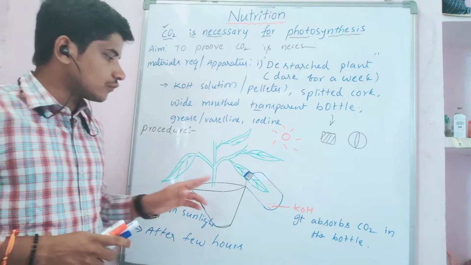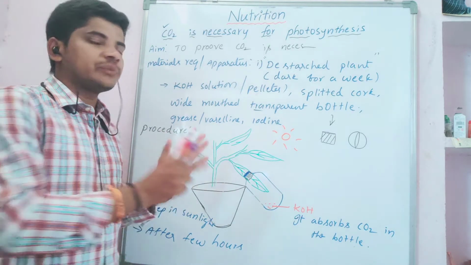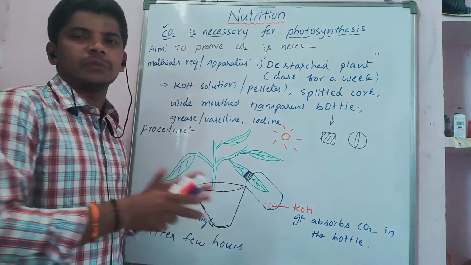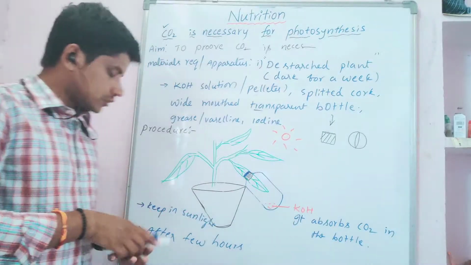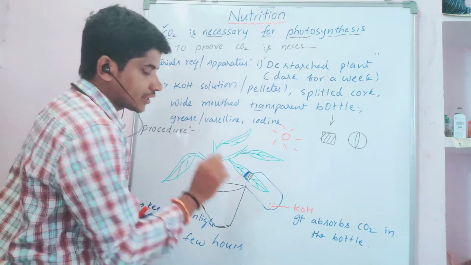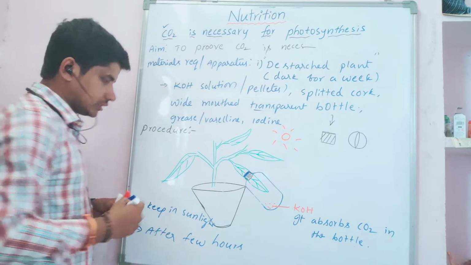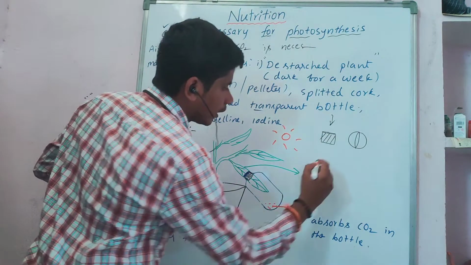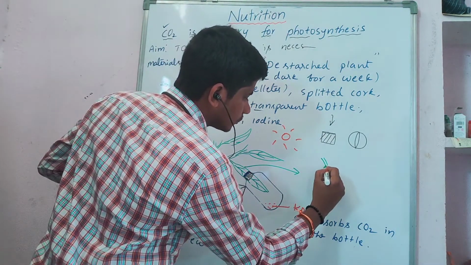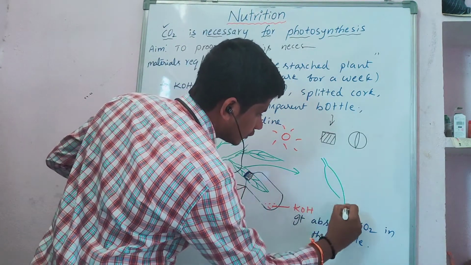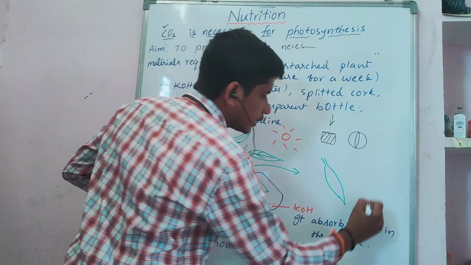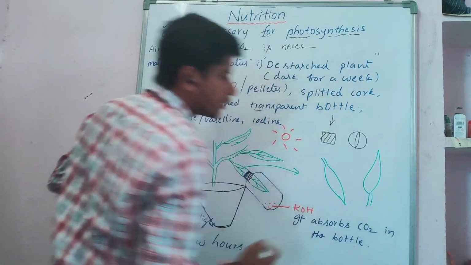In that observation, after keeping it in sunlight for a minimum of 4-5 hours, we take out the leaf which we inserted half into the bottle. So this leaf you have to take and draw like this only. Many students draw the leaf in a reversed manner, and they label the parts.